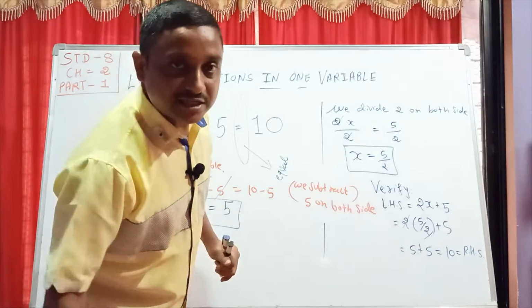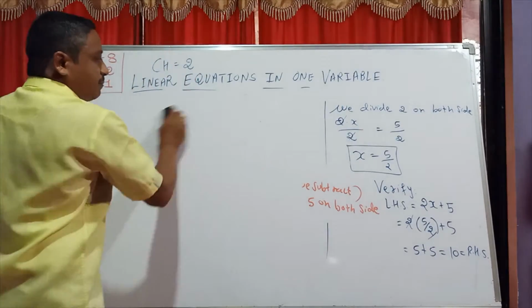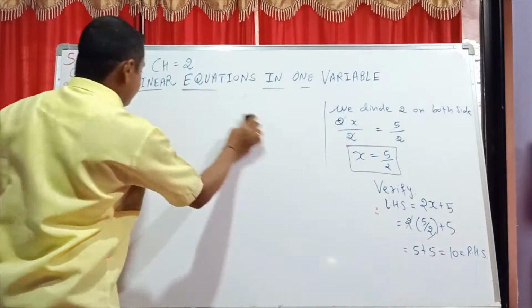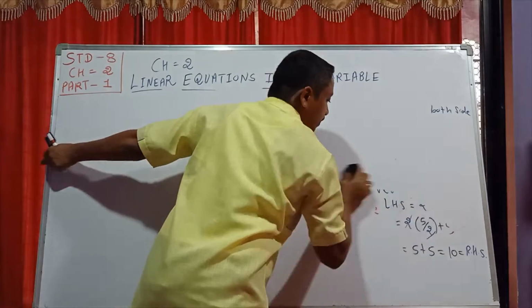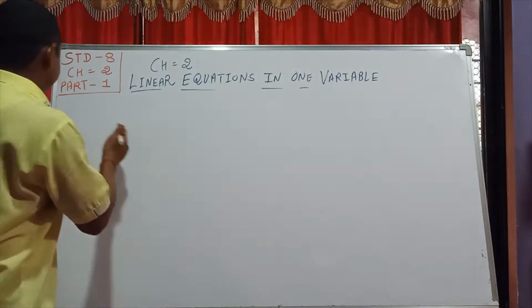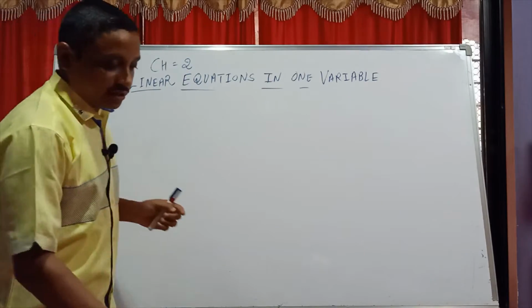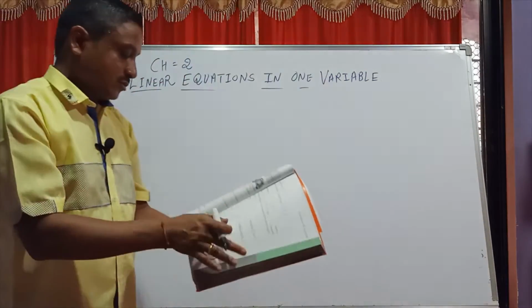Yes students, now I start example number 1. See, example 1 is also the same pattern and very easy, given in your textbook. So students, I go to example 1. Linear equation solution in one variable.